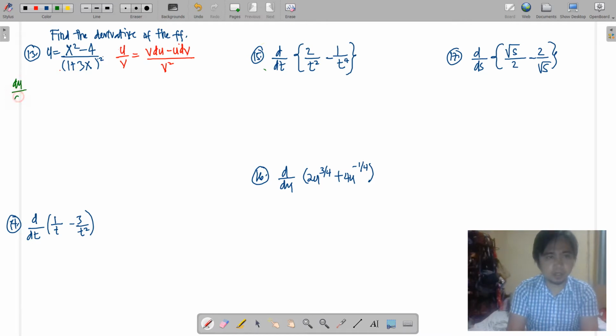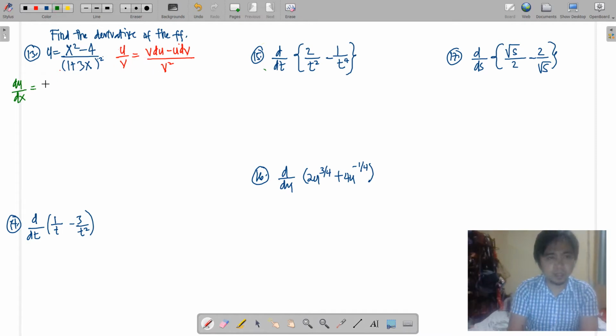So this becomes dy over dx, the differential of y with respect to x. We just copy the numerator, x squared minus 4, and then derive. Sorry, I think we start with copying the denominator first. Okay, v du.